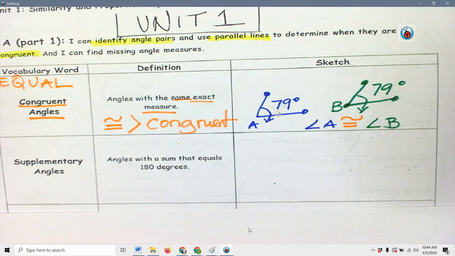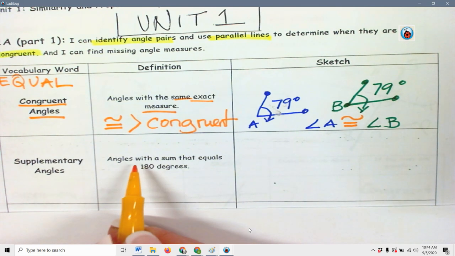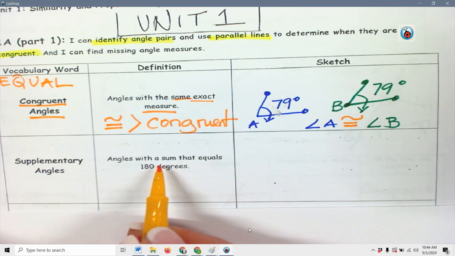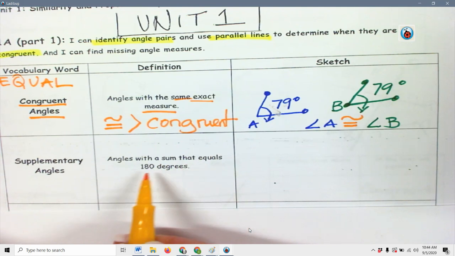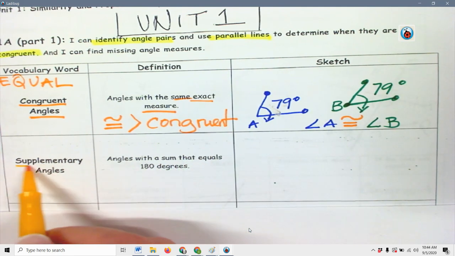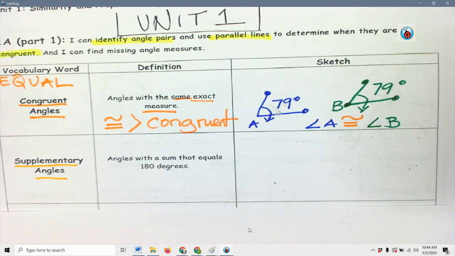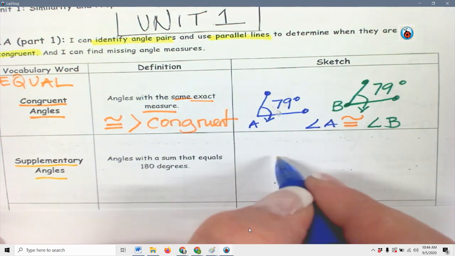Another type of angle is supplementary angles. Supplementary angles are defined as angles that have a sum, they add up to 180 degrees. And the most common time that you will see supplementary angles, we'll see in two different places.